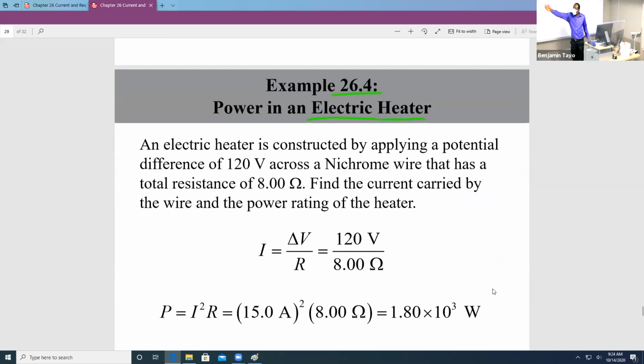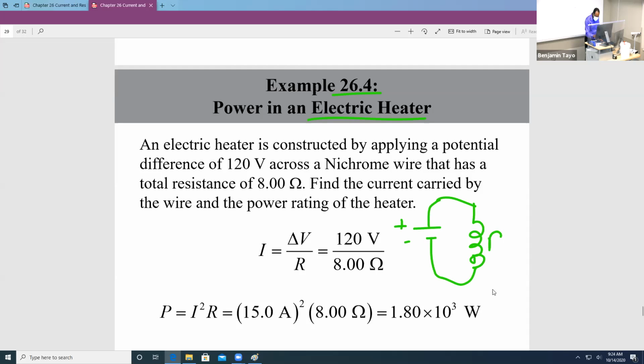Now, an electric heater is pretty much the same as a light bulb. Again, this is just a wire. If you remember, an electric heater looks like just a coil. So it's a wire, and this is going to be connected to some power supply, like that.